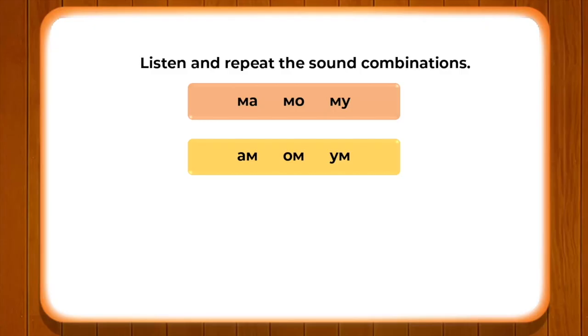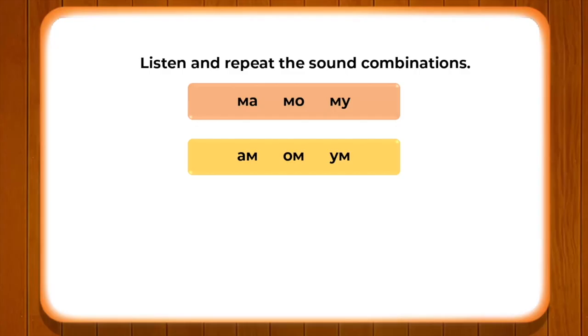Here we have a combination of a consonant m and a vowel a. So, the sound of m and a is ma. Likewise, m and o, mo, and m and u, mu.